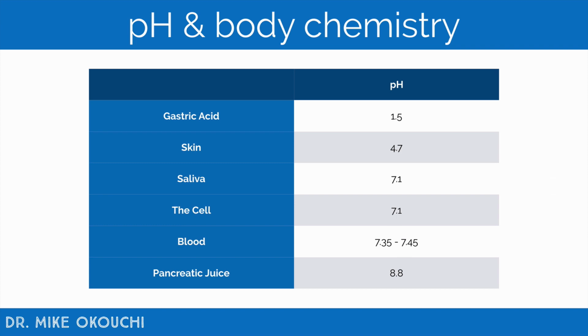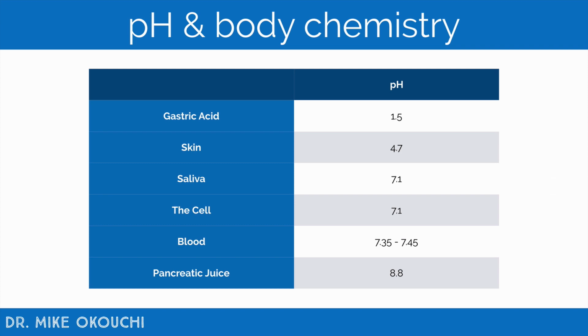Now, some people may tell you, well, the body needs to be alkaline. True to a point, but not specific enough. Because not every part in your body has to be alkaline, right? Your stomach has to be acidic. If you want to digest food properly, your stomach has to be acidic. If the gastric acid goes to like 2.1 or 2.8, you're not going to be able to digest your food properly.